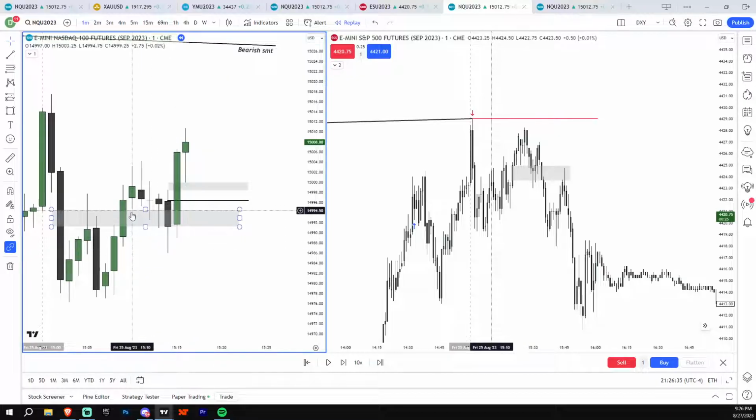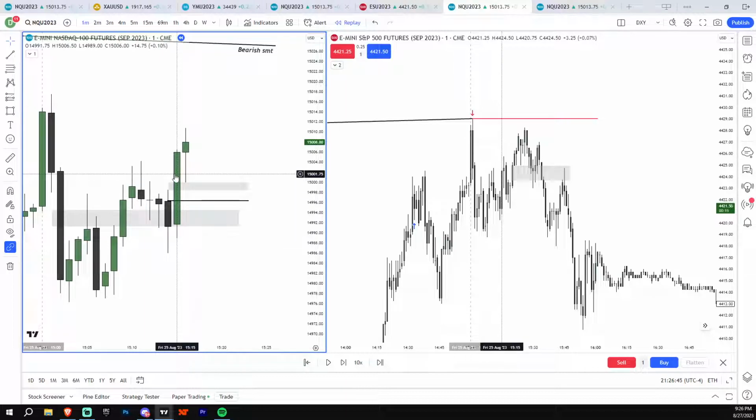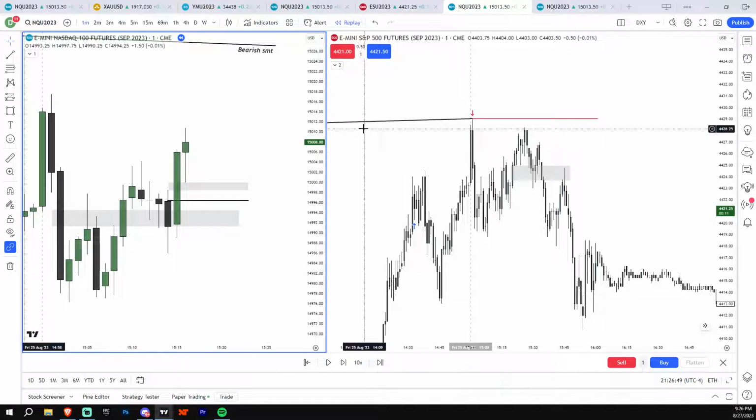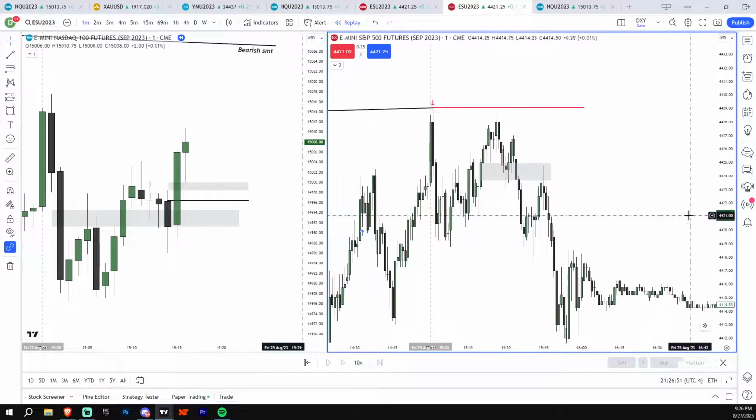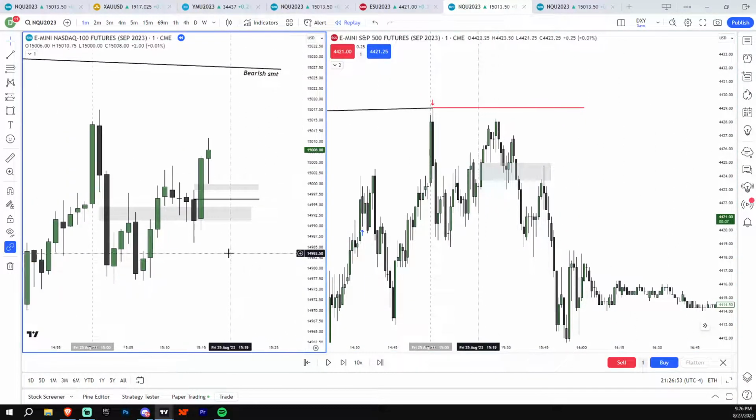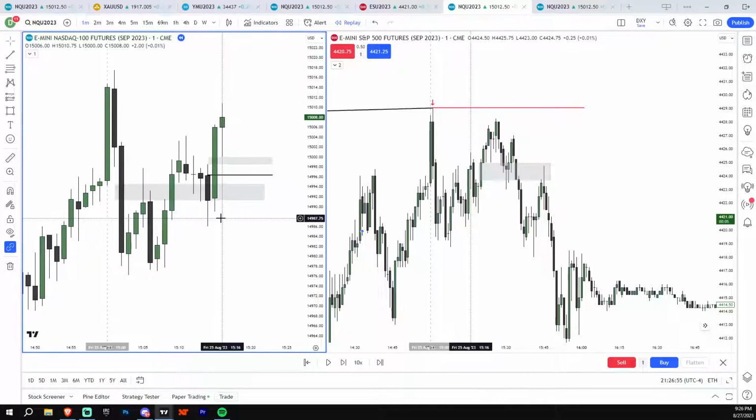It gave us a chance to violate this for a potential short, but we don't, and we form a really strong candle here. So I bet you the SMT isn't going to play out. This is the confirmation setup telling me the SMT is going to fail in a whole new leg.